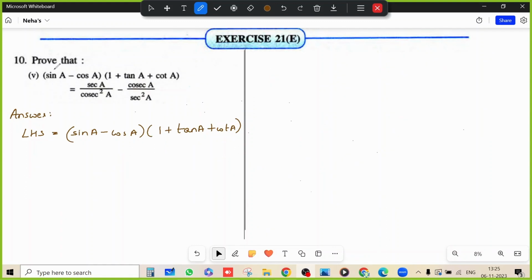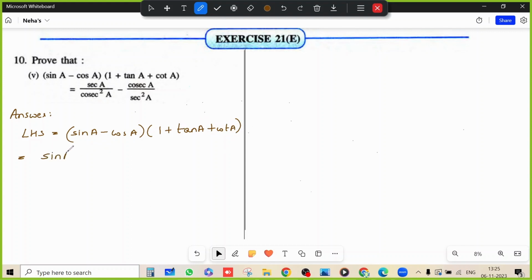In the next part of the question, we have to prove that sin A minus cos A into 1 plus tan A plus cot A is equal to sec A divided by cosec square A minus cosec A divided by sec square A. So, here we will first write tan A and cot A in the form of sin and cos.